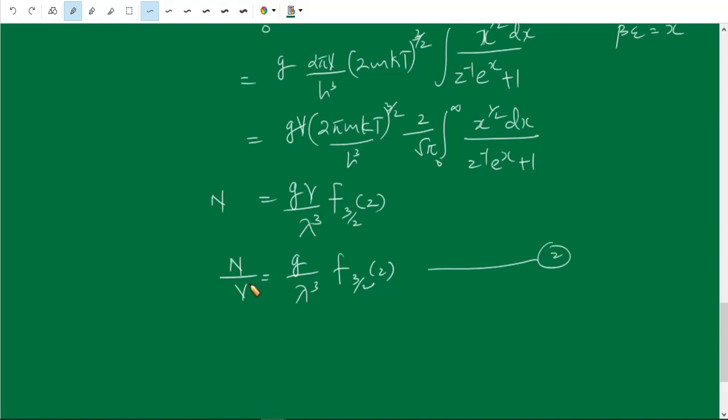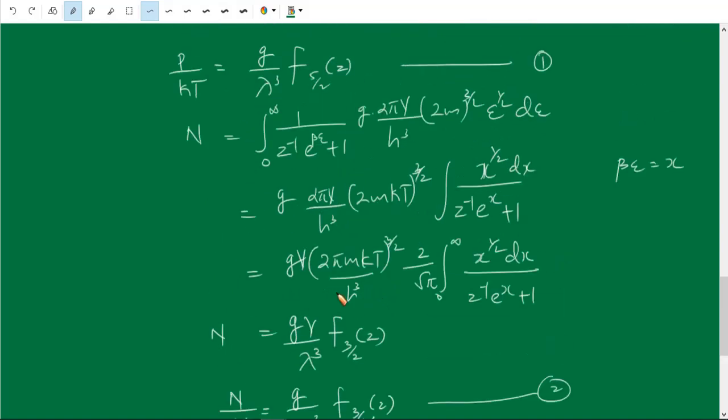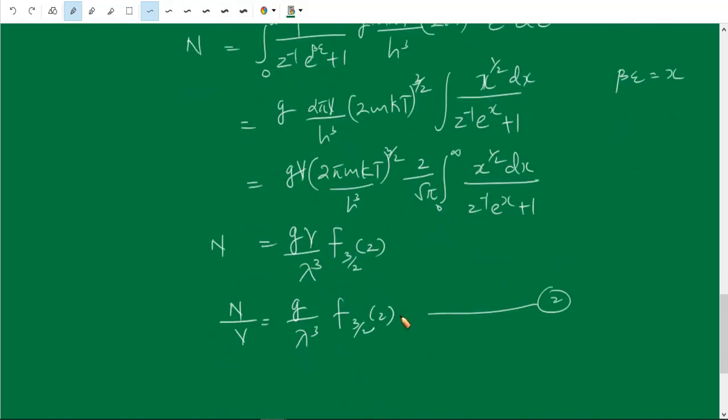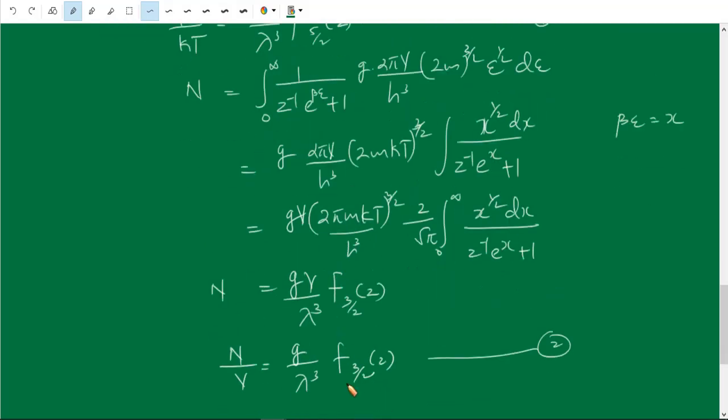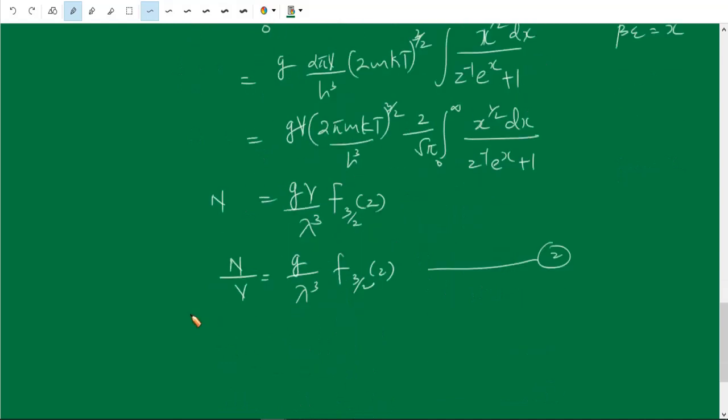So eliminating z, eliminating z between equation number 1 and equation number 2, we get the equation of state.